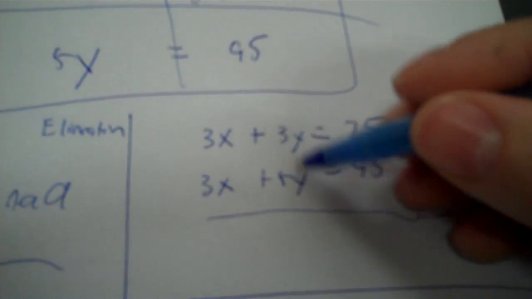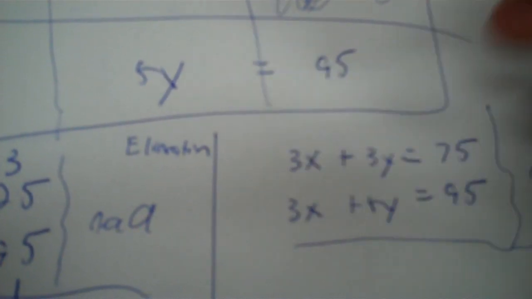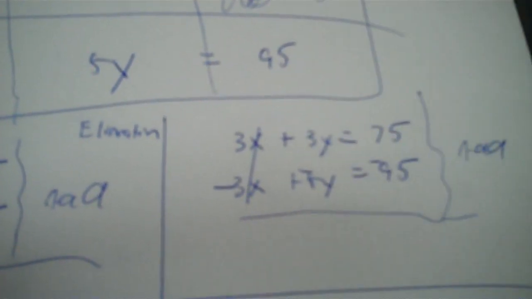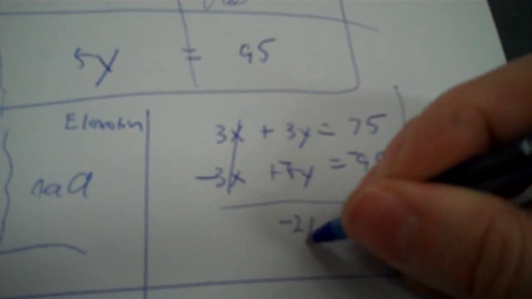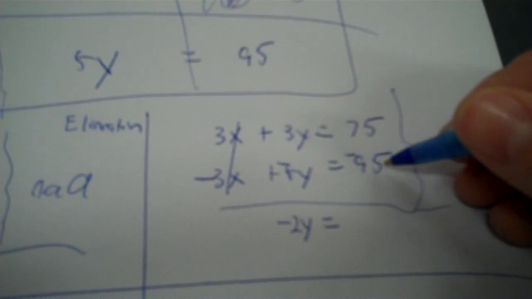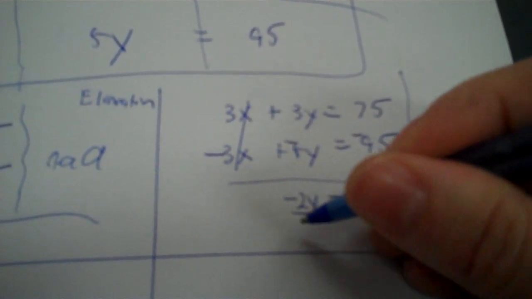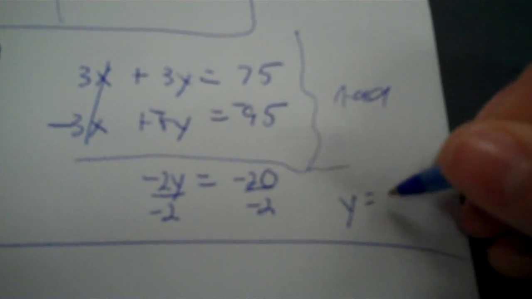Well, that's 6x and that's 8y, so that won't work, but we have the same number now, so if I make that negative, that'll add to 0. But then we got to make the 5 and the 95 negative. So 3 plus negative 5 is negative 2y, and 75 plus negative 95 is negative 20. Then I divide by negative 2, and y is equal to 10, okay?